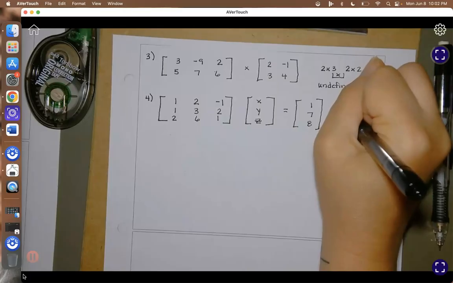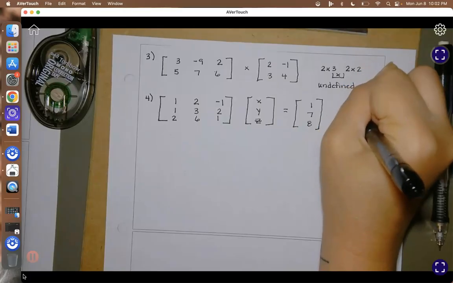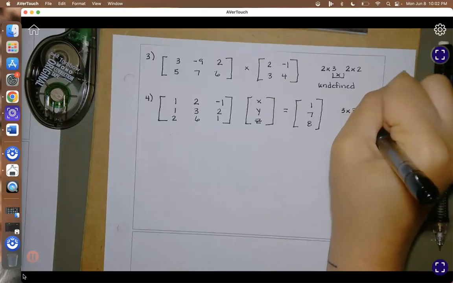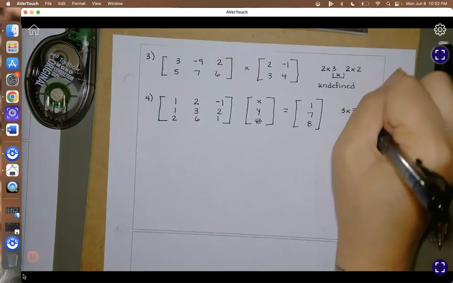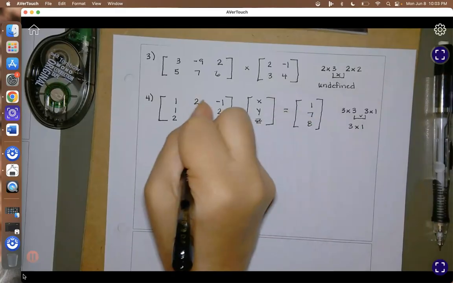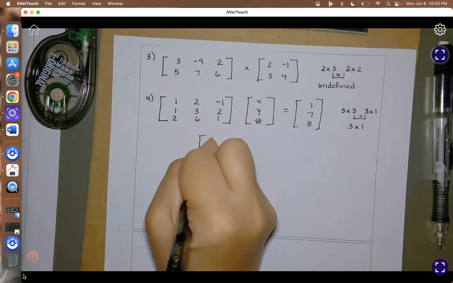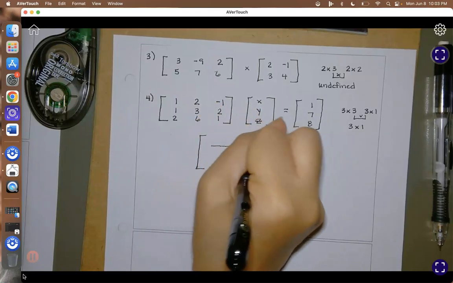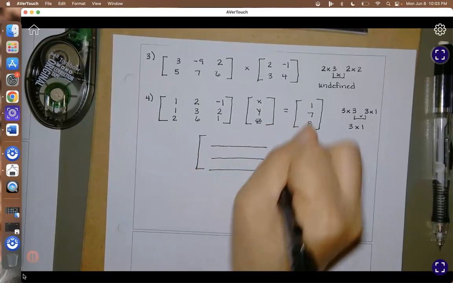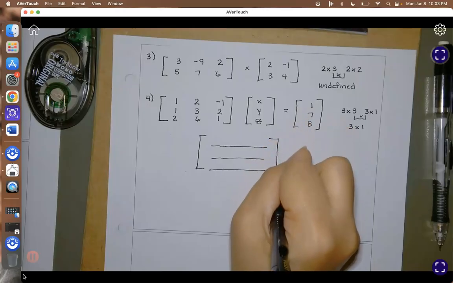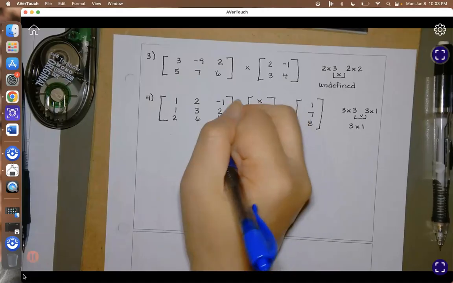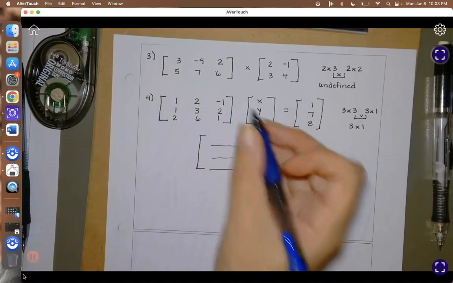So this one is 3 rows by 3 columns. And this is 3 rows by 1 column. So our answer is going to be 3 rows by 1 column. All right. So here we go. First row, the only column.